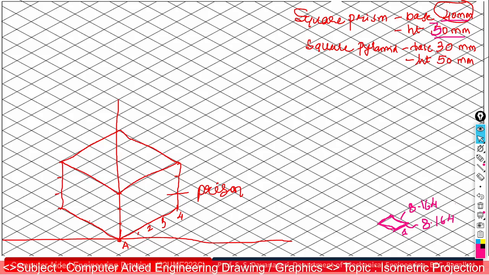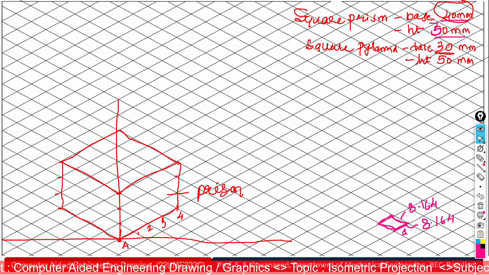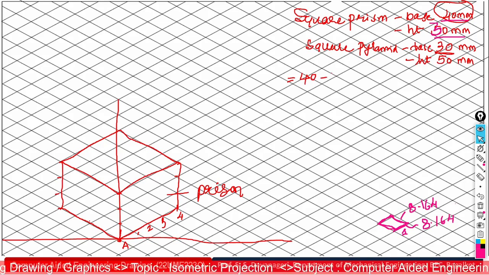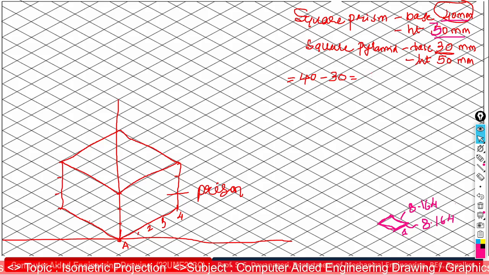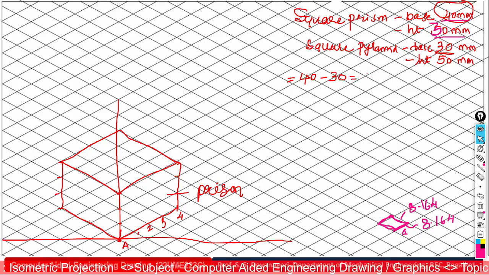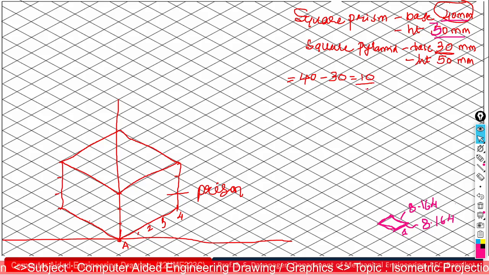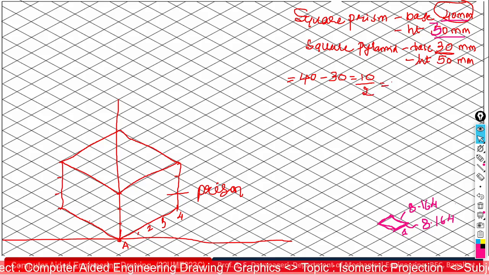Now the square pyramid base is 30 mm here. If you consider the dimensions of the square prism, its base is 40 mm. So the difference between both base dimensions is 10 mm. On each side you got 5 mm.